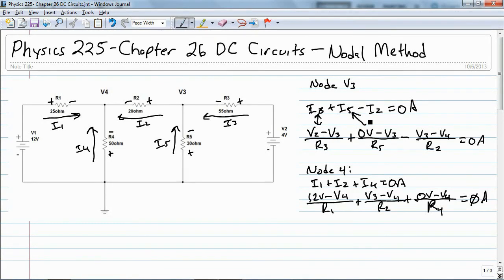This term is going to be equal to I5, and this term is going to be equal to I2. And the same with the node 4 equation. So you can solve this very quickly, very easily, and get all the values that you need from the nodal method. And as I said, it requires the least number of equations.